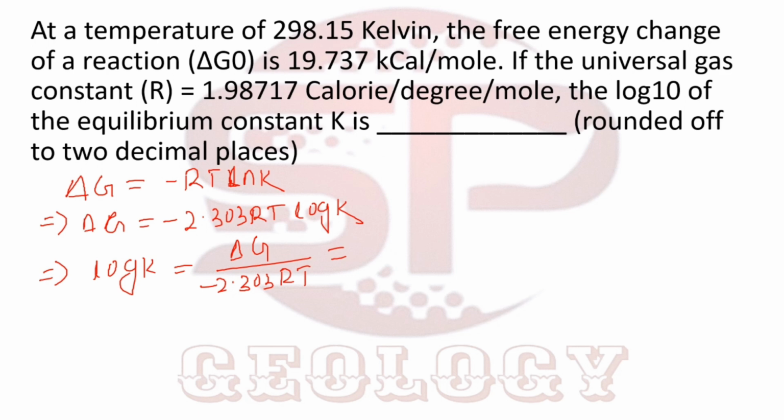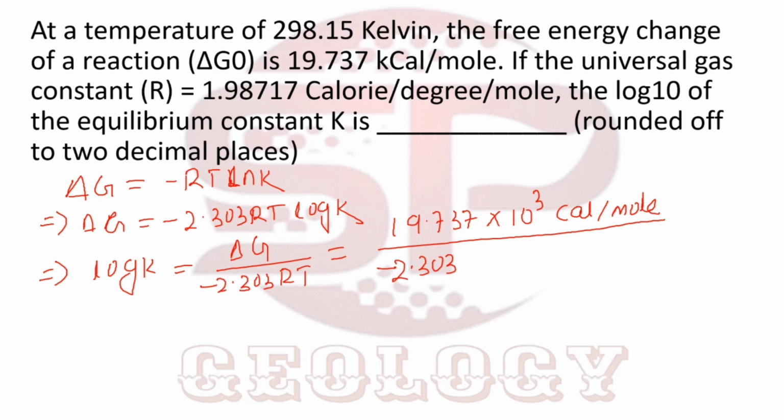So delta G is given as 19.737 kilocalorie, which we will convert into calorie, that is times 10 to the power 3 calorie per mole. Then we have minus 2.303 times R, which is given as 1.98717 calorie per degree per mole.